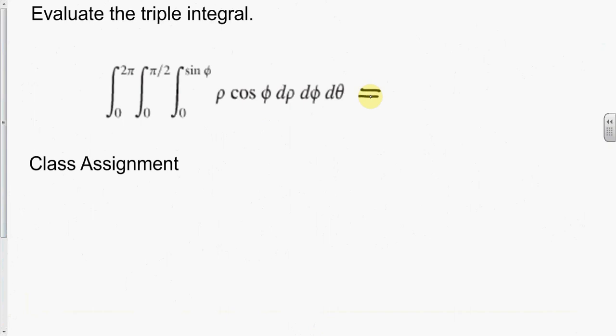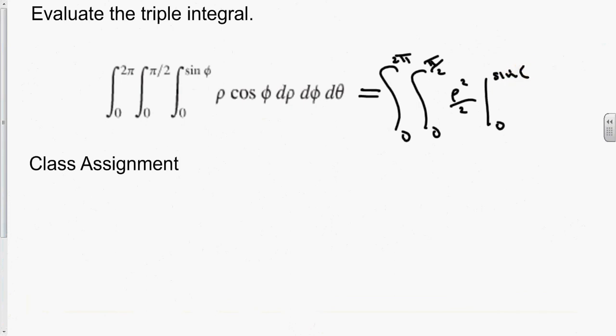We integrate with respect to rho. So I have this integral from 0 to 2 pi, this integral from 0 to pi over 2, and that's rho squared over 2, evaluated from 0 to sine phi.